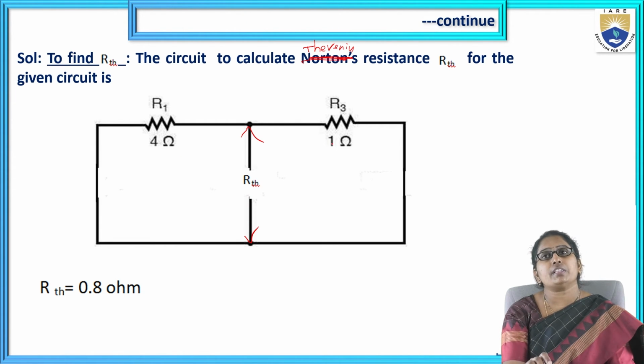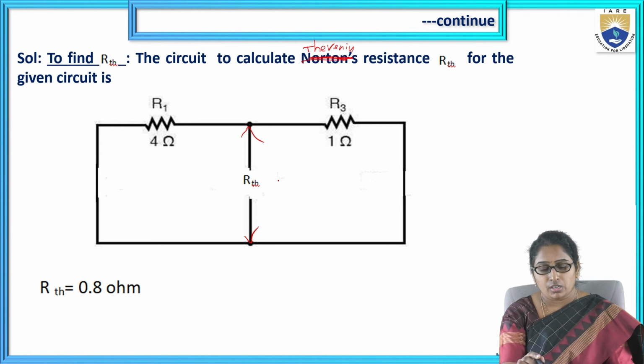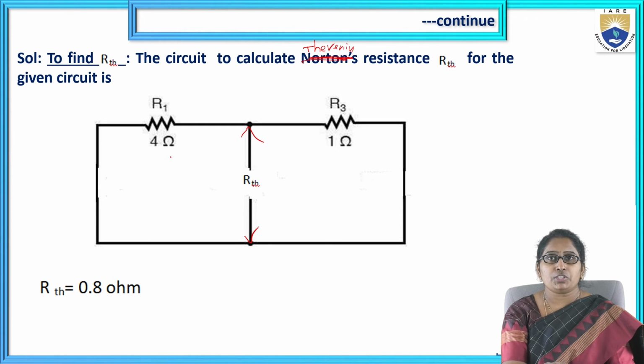Look at the circuit and use our basic knowledge. The 4 ohm and 1 ohm are in different paths. The currents flowing through them are different. Since the paths are different, RTH is given by the parallel combination of 4 ohms and 1 ohm.